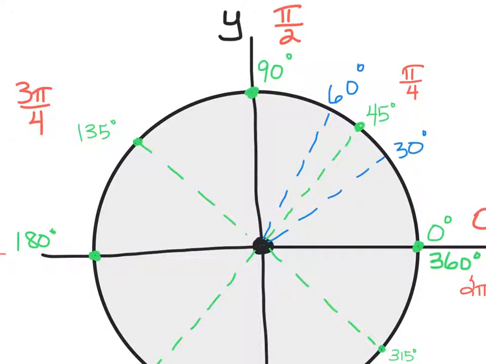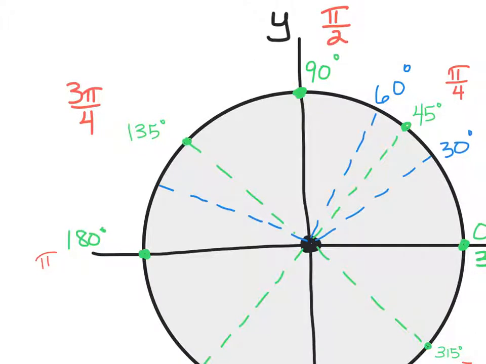If you are now in the second quadrant and you have an angle whose reference angle is 30 degrees, that angle is going to be 180 minus 30, and that'll be 150 degrees.